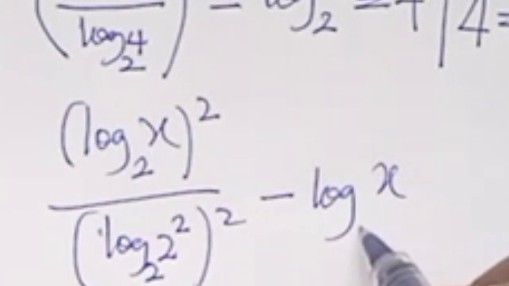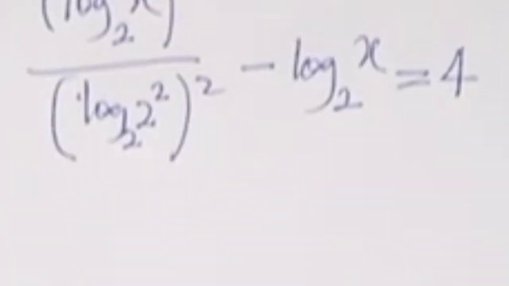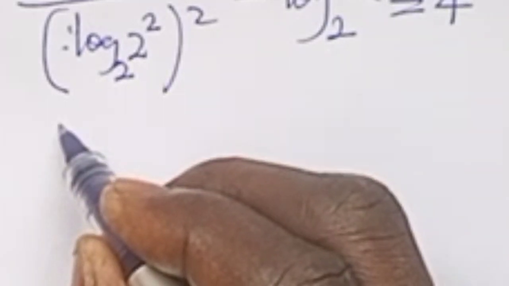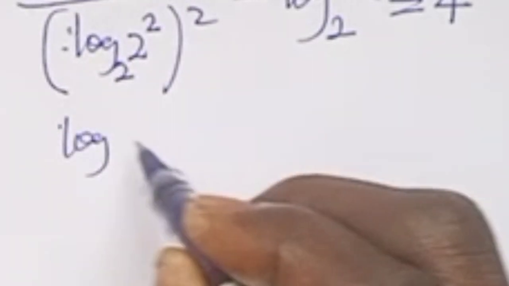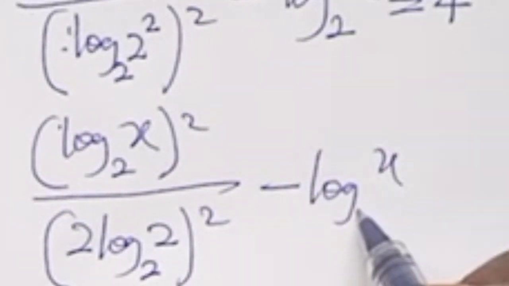Here is minus log x to base 2, which is all equal to 4. So the next line will be (log x base 2) to the power of 2 all over, here the power will come down to be 2 log 2 base 2, to the power of 2, minus log x base 2, and this is equal to 4.